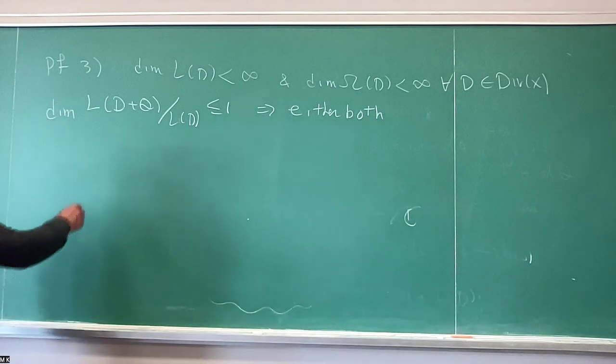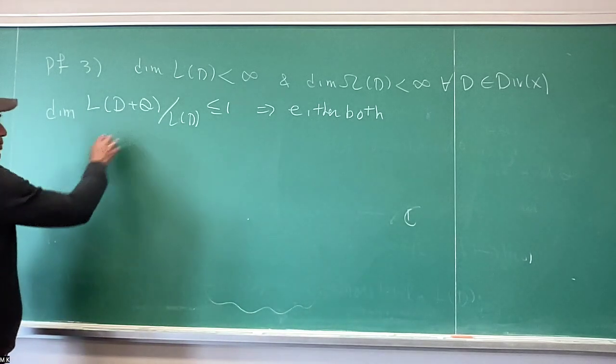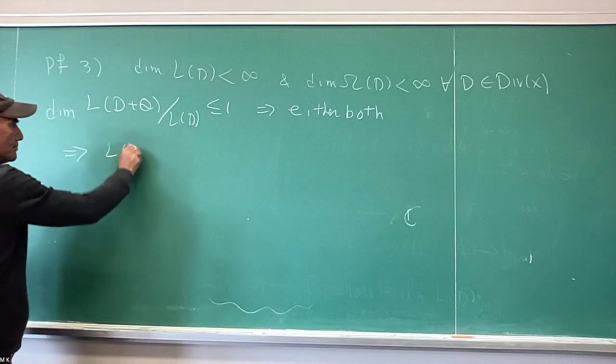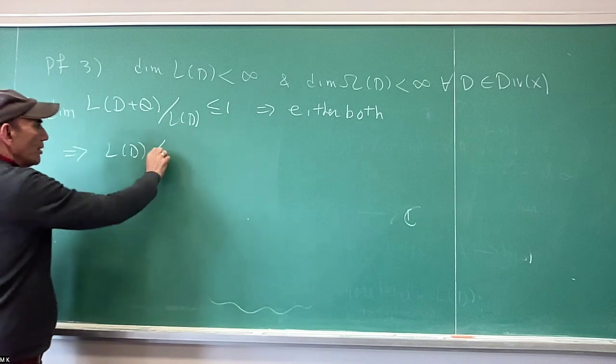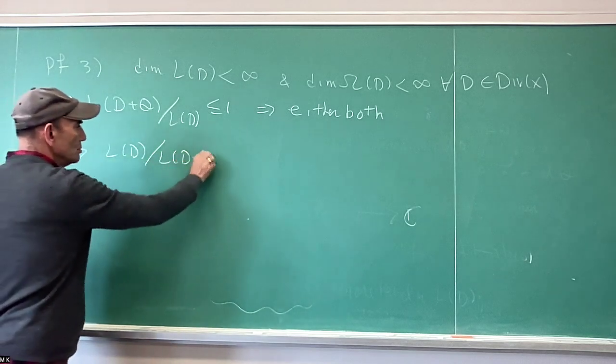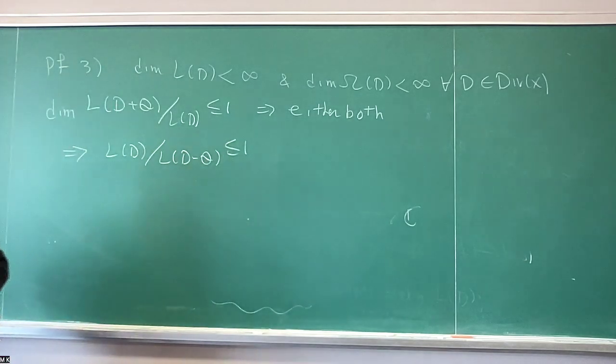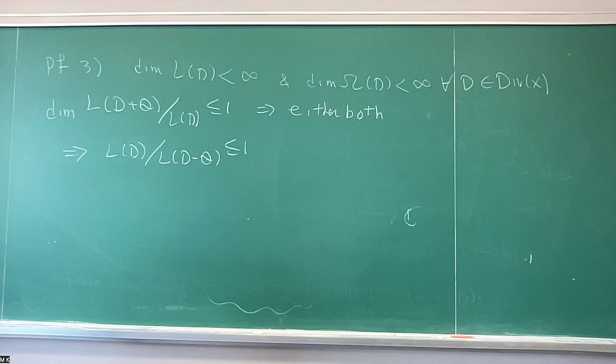Okay, so let me put it this way. This implies that L of D quotient L of D minus Q is also less than or equal to 1, right? We can do that. So we can just go down, one by one, or not one by one.